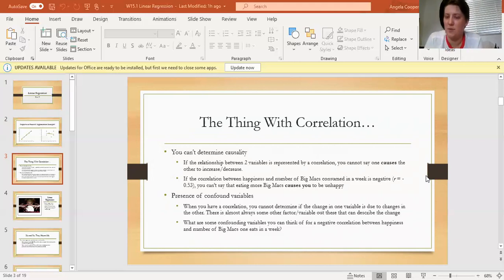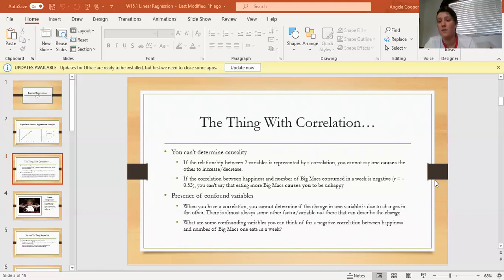Anyway, so let's say that we have a correlation between your happiness and the number of Big Macs you consume in a week. And let's say that this correlation is strong and it's negative. It's R equals negative 0.53. Well, that is saying that as your happiness level increases, your Big Mac consumption tends to decrease, or vice versa, as your Big Mac consumption increases, your happiness levels tend to decrease.